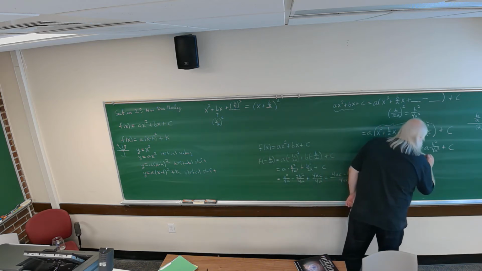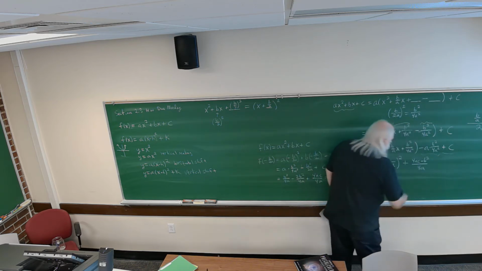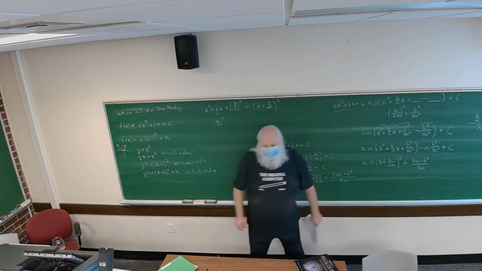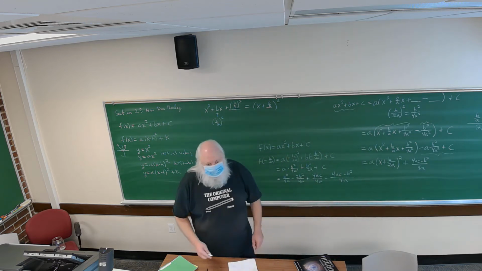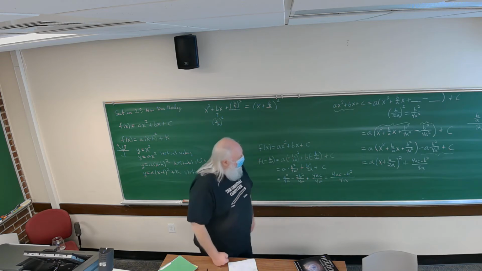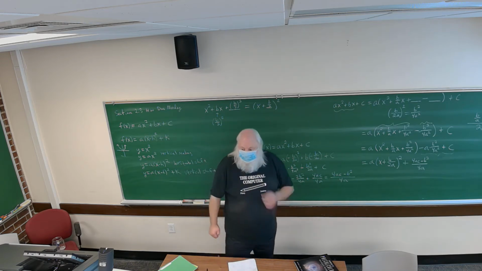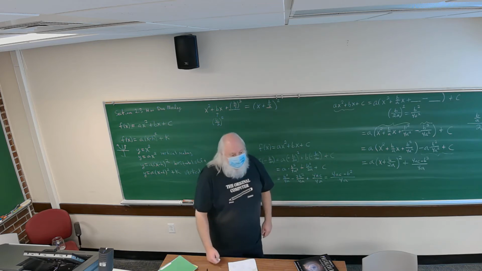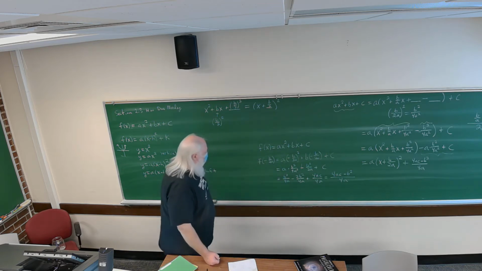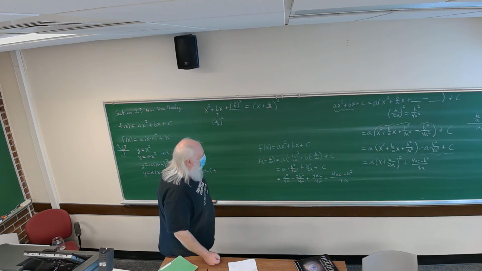That's what minus this plus c simplifies to when you find a common denominator. Now you should verify that on your own. And if you can't, come see me, and I'll show you. Any questions on this?